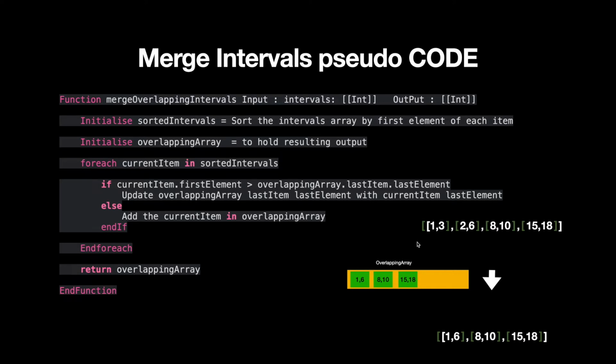So for the current item in this array, we'll check the last item in the overlapping array. For the first item, there is nothing in the overlapping array, so we'll just simply add the current item to the overlapping array.